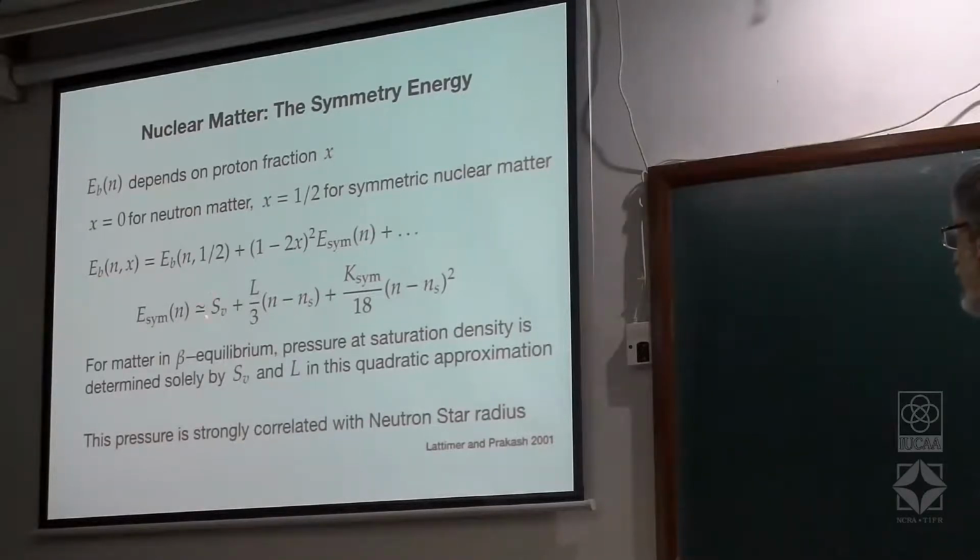And you have these coefficients, Sv, which is the constant, L and Ksym. Usually these three constants are used to represent symmetry energy. What is Ns here? Ns is nuclear saturation density, or nuclear density as we call it.